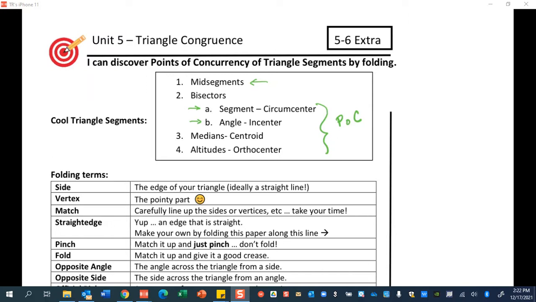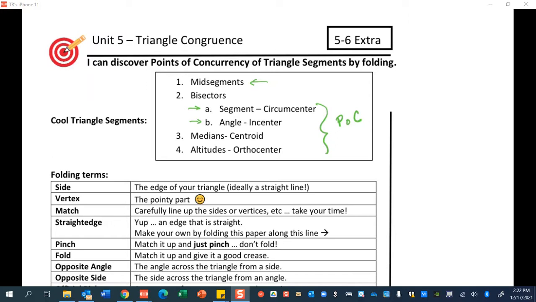So the first thing that we need to understand is these triangle segments. We're going to have to know 5 of them. And I've got to be honest with you, the assessment that comes with this part of Unit 5 is particularly tricky, because it's a lot to remember, a lot to process, a lot to use.